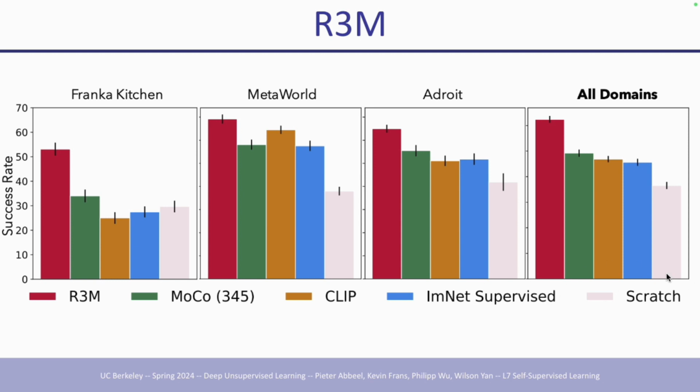And you can see that these R3M representations are able to do much better on these robotics tasks. MoCo 3, 4, 5 just means that they're taking the intermediary features at those parts, I think the third to last, fourth to last, and fifth to last layers.